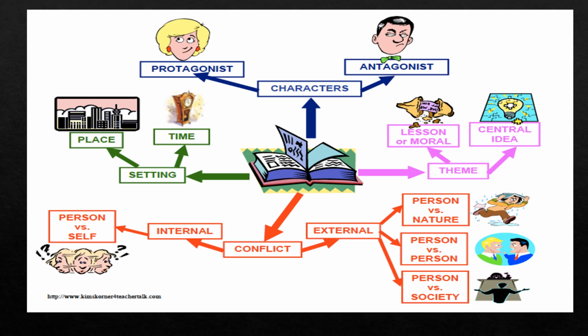And then we have the conflict, the internal conflict and the external conflict. The internal conflict is person versus self, while the external conflict is all about person versus nature, person versus person, or person versus society. And then the last element is the theme, which talks about the lesson or moral of the story, or it is the central idea.